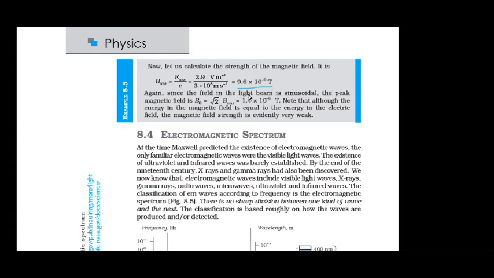Since the field in a light beam is sinusoidal, the peak magnetic field B naught is equal to root 2 B RMS. So we get 1.4 into 10 to the minus 8 Tesla. Note that although the energy in the magnetic field is equal to the energy in the electric field, the magnetic field strength is evidently very weak.